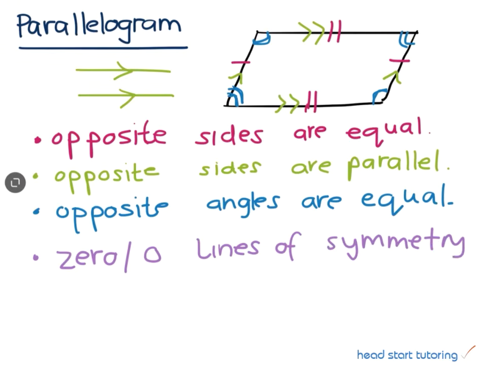So no matter where you try and draw a line of symmetry in your parallelogram, you will find that there is no line that we can draw that will create a mirror image on either side. So it's still a property of your parallelogram that there are no lines of symmetry in your parallelogram. Right, so these are all your properties, and there is your shape of a parallelogram.